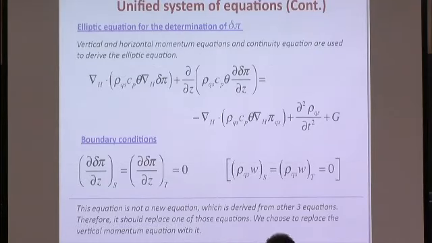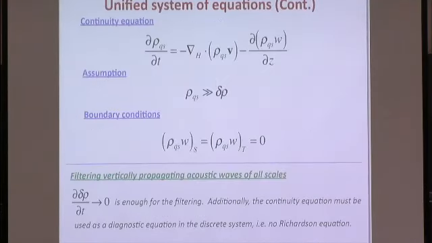So the next one is an additional equation. What we showed in these three transparencies are the equations of the system. But what we do not have here is an equation for the non-hydrostatic pi.